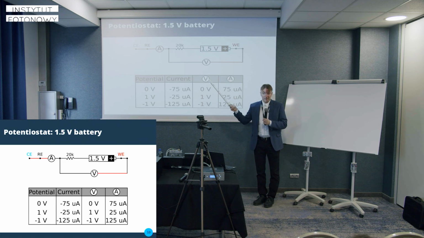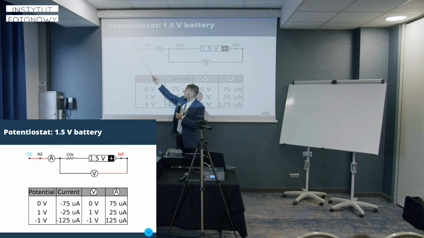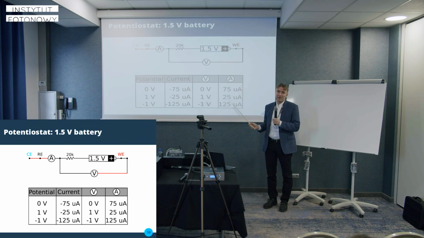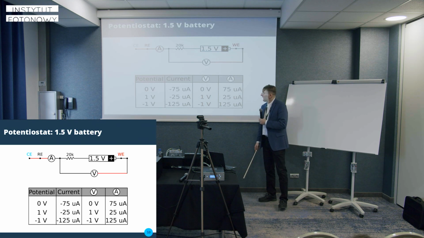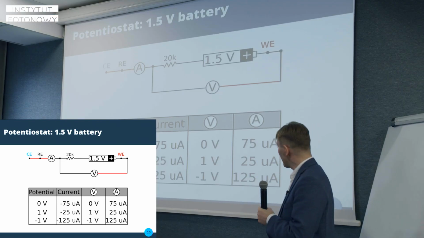This is not an open circuit anymore, because between CE and WE, there is a closed circuit inside the potentiostat. Okay, so there will be some current. But let's see what those currents will be.